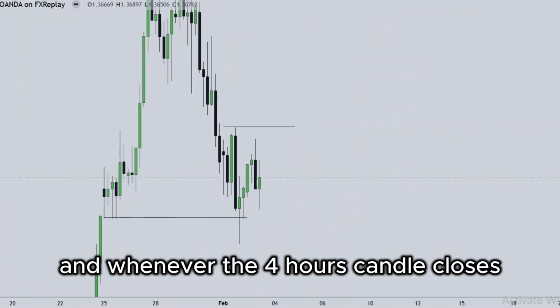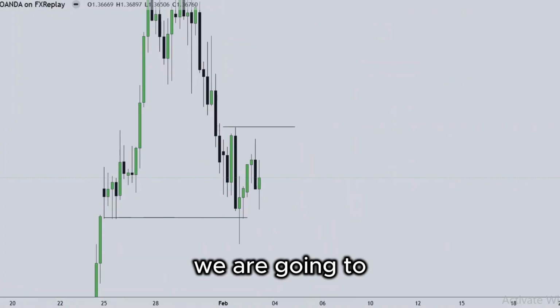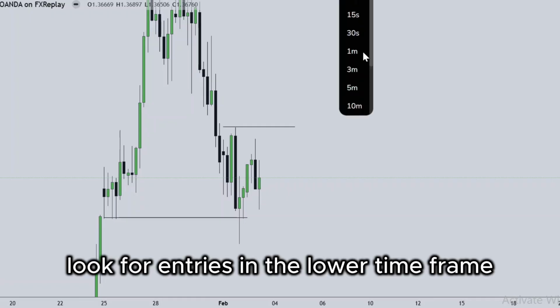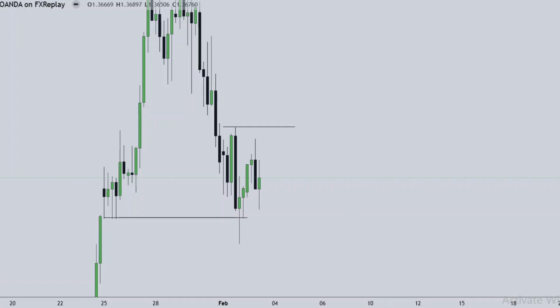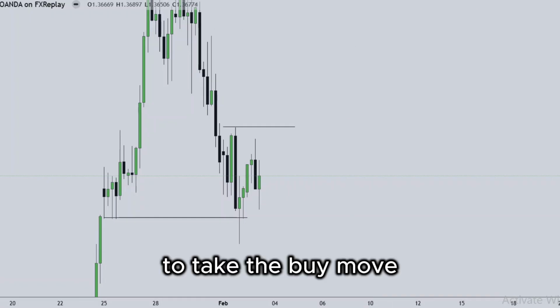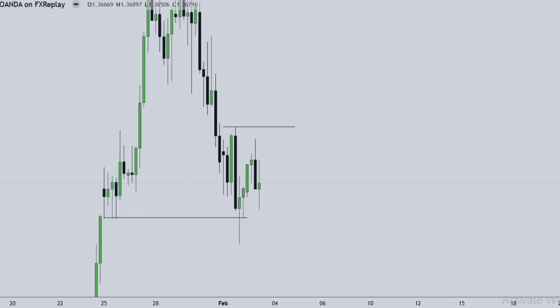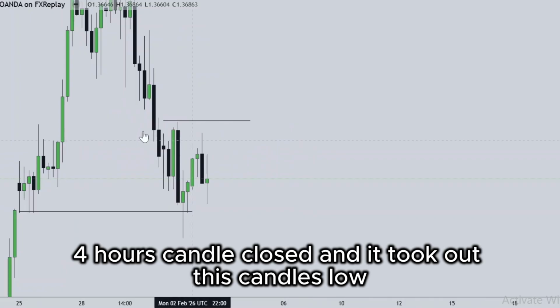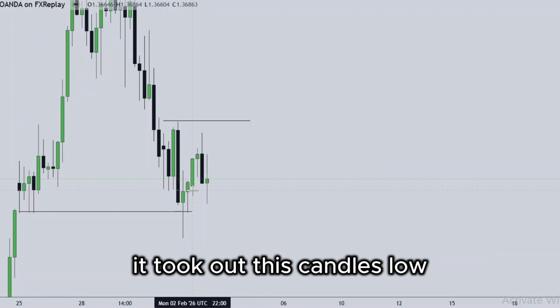Now whenever the 4 hours candle closes, we are going to look for entries in the lower time frame to take the buy move. Alright, 4 hours candle closed and it took out this candle's low.